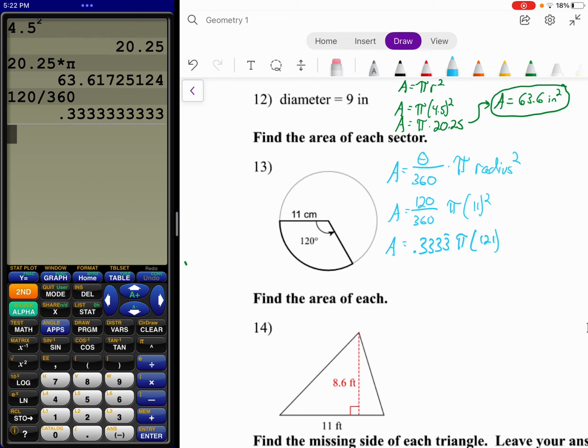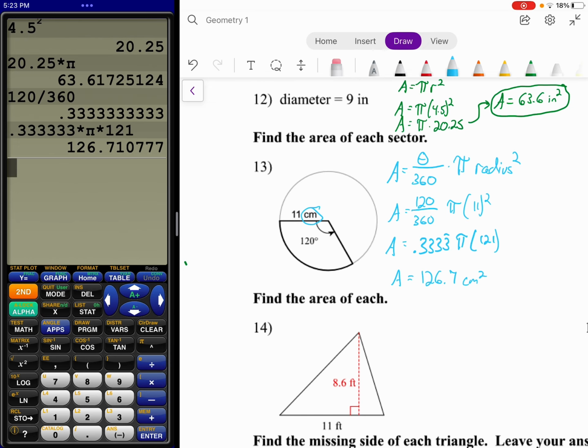Or we can just type this in there, so 0.33333, that's enough, times pi times 121. And the area is 126.7. This is in centimeters, so the area is in centimeters squared.